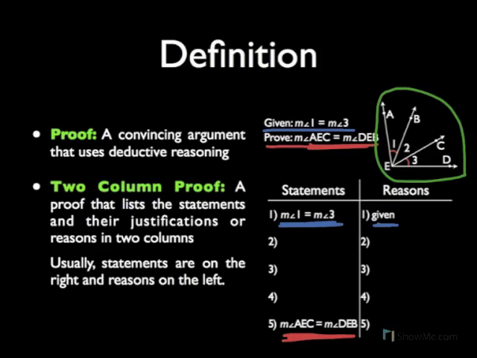What we'll need to do is find a property or definition or postulate that allows us to determine our final statement. It's important to note that not all proofs have 5 steps. This is just an example to show you what it might look like. Some proofs have 3 steps, some have 5, others have 8. It all depends upon what is given and what the figure looks like.